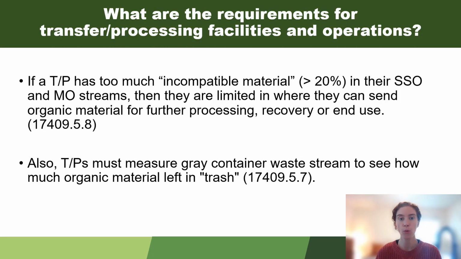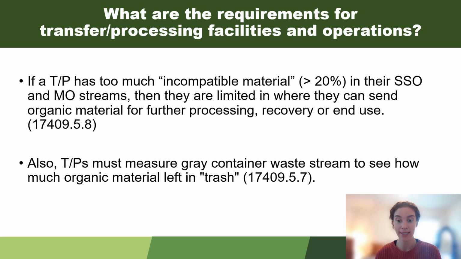There are a few more requirements for transfer processors I want to mention in part 1. If a transfer processor has too much incompatible material, over 20% in their SSO and MO streams, then they are limited in where they can send organic material for further processing, recovery, or end use.